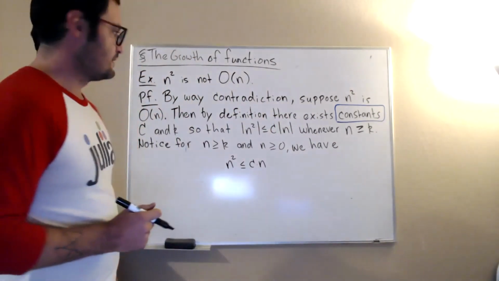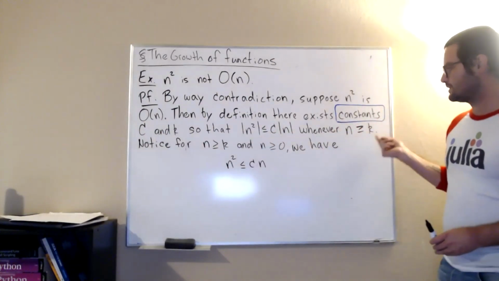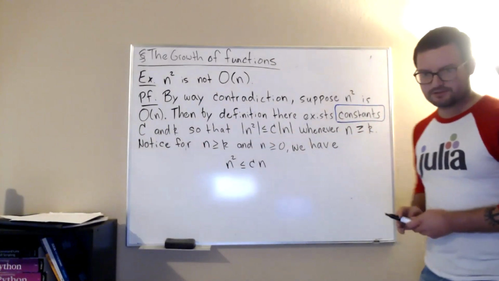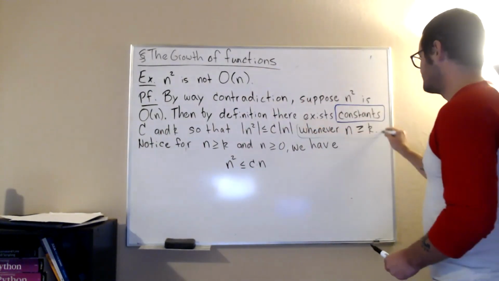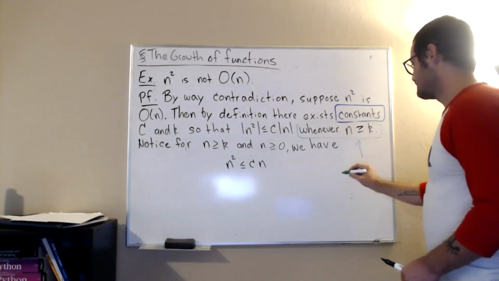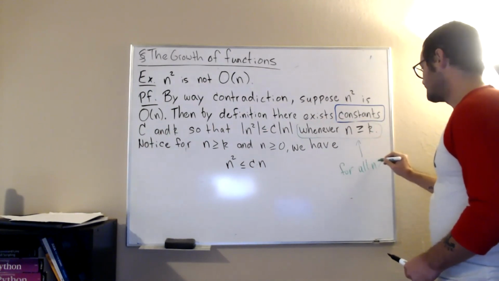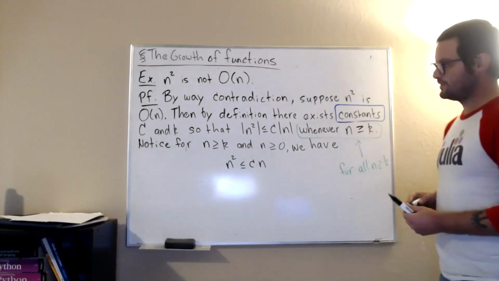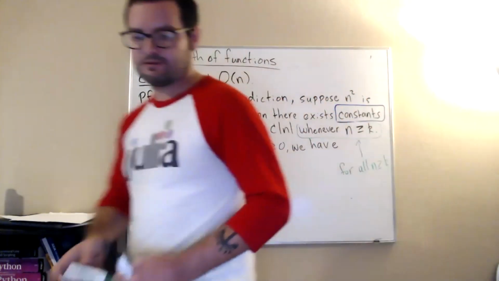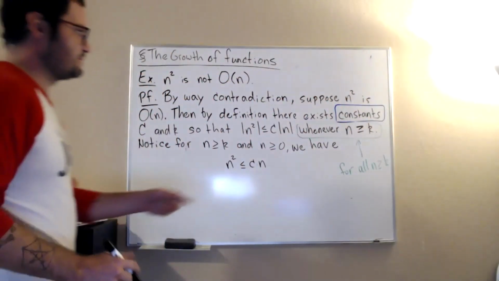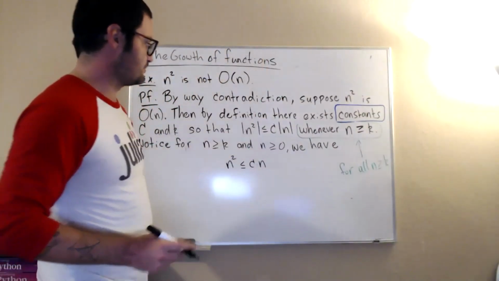Right? So this inequality has to hold whenever n is greater than k. Another way of saying this is, for all n greater than or equal to k. So eventually n is going to be bigger than 0 and bigger than k, because we can just pick any n we want larger.